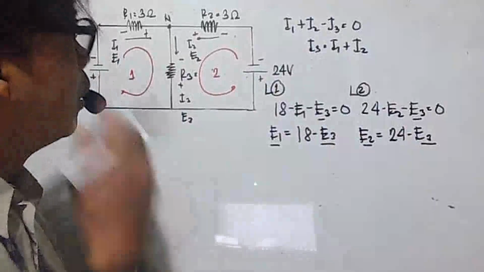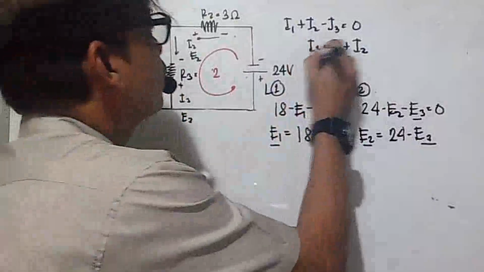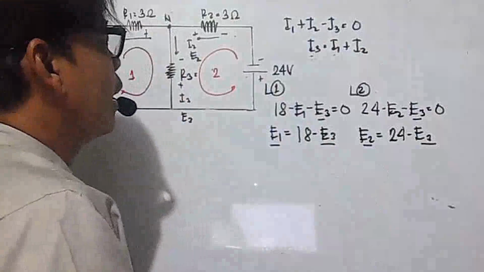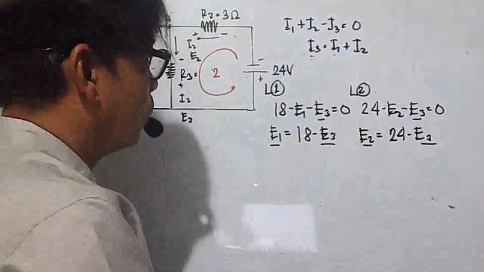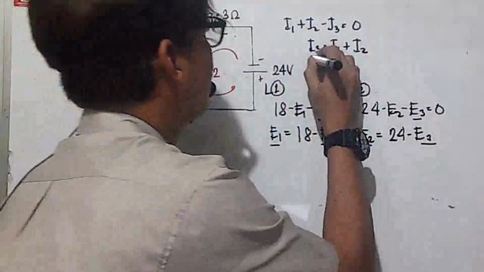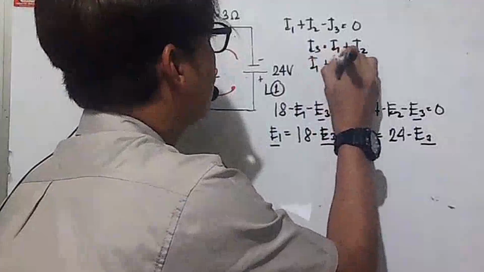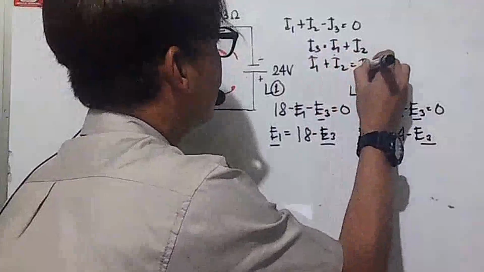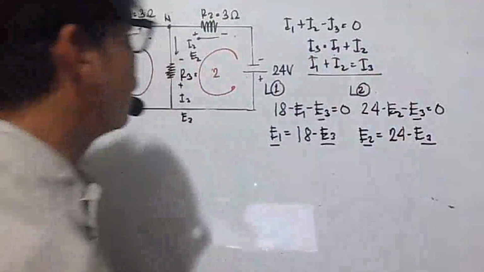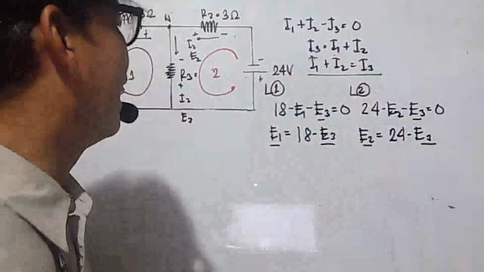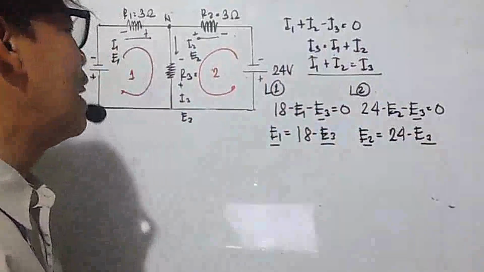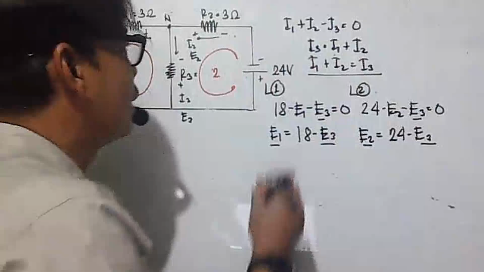Now let us use this formula. I1 plus I2 is equal to I3. I think it would be written like this. So that's the same. To make it look better, they are in sequence.